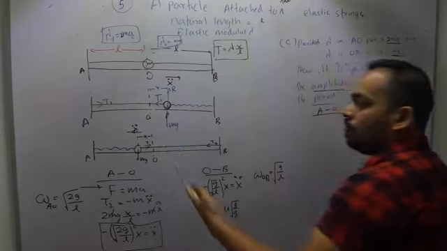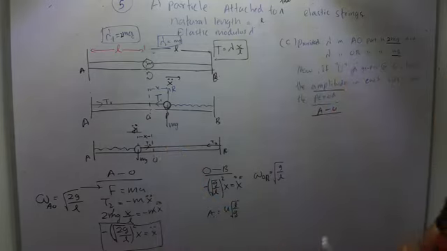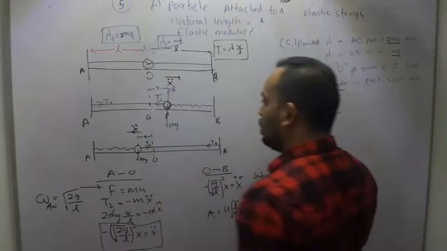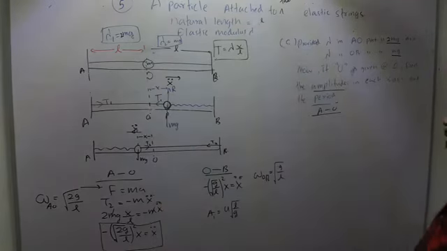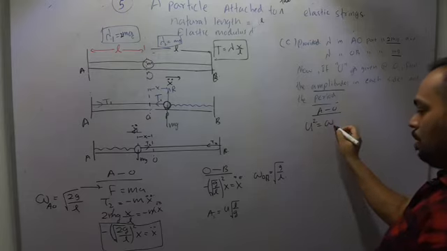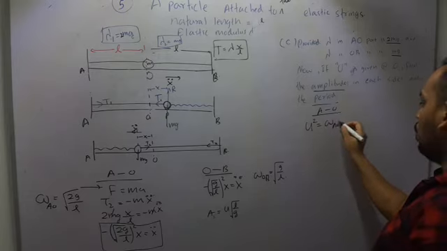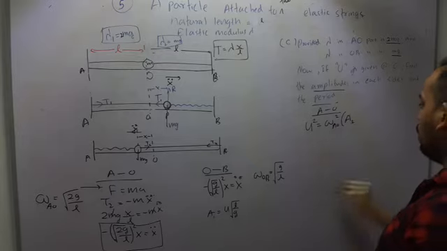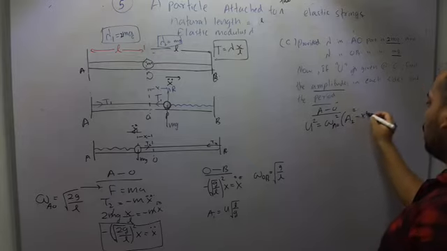At O you have the velocity u again because it is symmetric. Then it moves on to the other side. So the starting velocity is u. So u squared is equal to omega AO squared times A2 squared minus x squared.